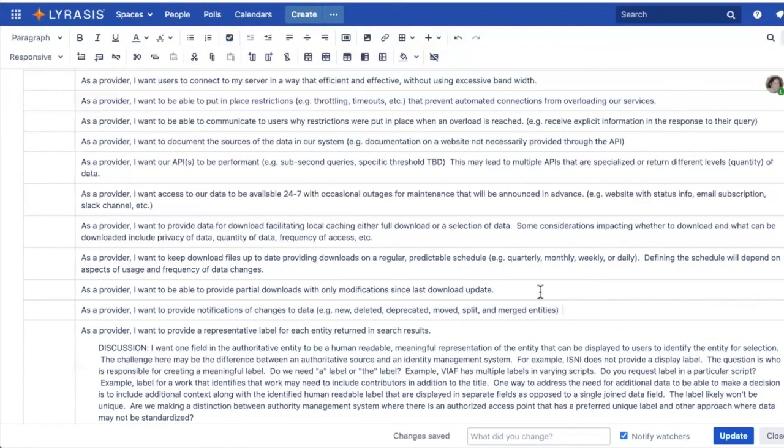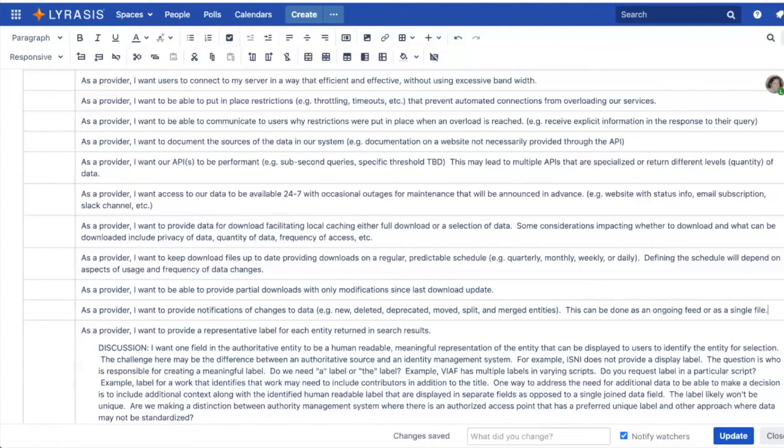This one does as well though, but as a provider, I want to be able to provide partial downloads with only modifications since the last download update. Yeah, the delta. Any thoughts or comments on that?